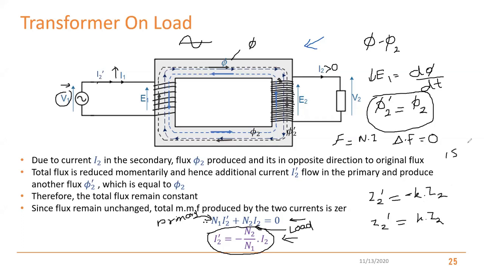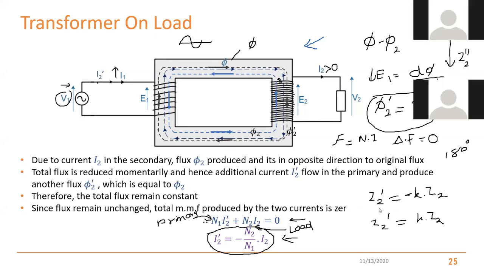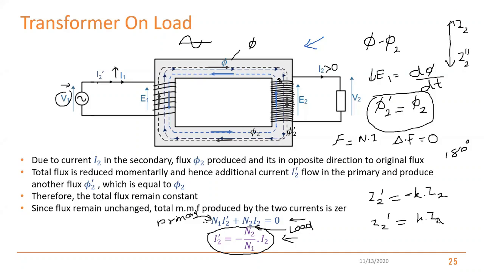If we draw I2 in this direction, I2 dash is in the opposite direction. That is the phasor diagram. This minus sign comes into play only on phasor or vector diagrams. Otherwise, as far as calculations are concerned, I2 dash is equal to K I2.